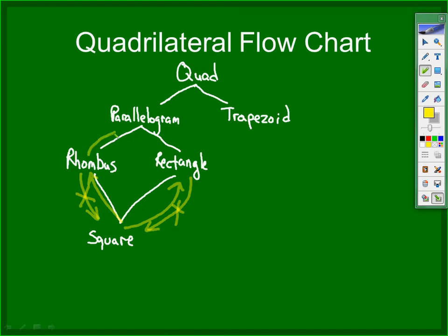Every rhombus is a parallelogram, but not every parallelogram is a rhombus. Every rectangle is a parallelogram, but not every parallelogram is a rectangle. So you can see that in this flowchart, it always works going from the bottom up, and going from the top down, it may work, but it doesn't work all the time.